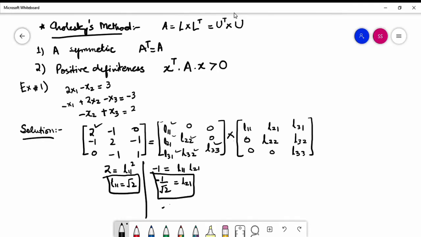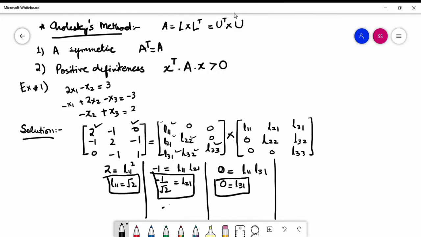The third one is 0, first row and third column. So 0 equals L11 into L31 plus 0, which makes L31 equal to 0. Now 3 equations are left.